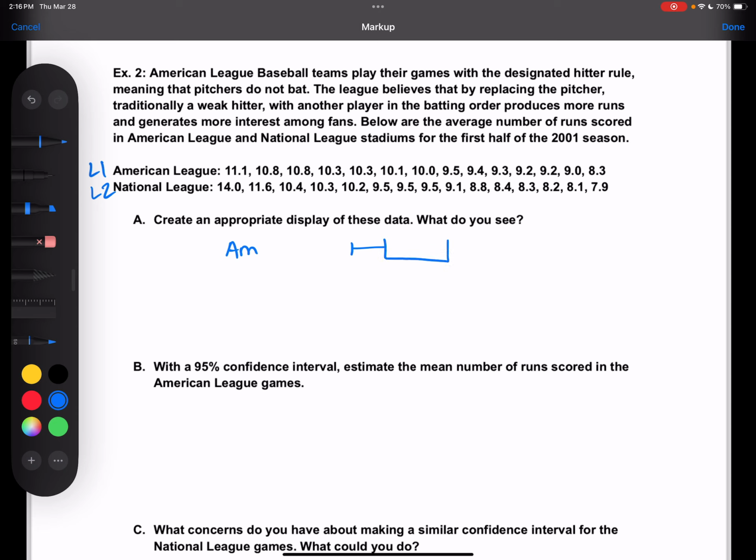The min was 5 and the max was 15, I think. Because I have 7.9 to 14, so I might have done it a little excessively. Mine's fine. I just did the zoom stat thing. But you can't see all of the National League graph if you do that. I can. Are you sure? I don't think the calculator lies. Well, mine didn't.